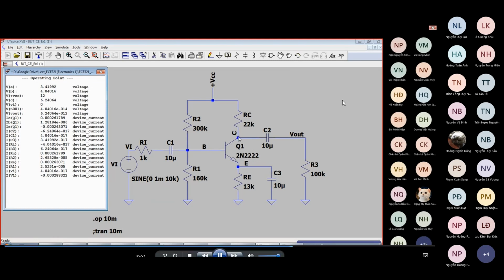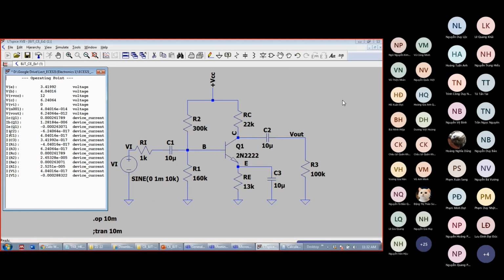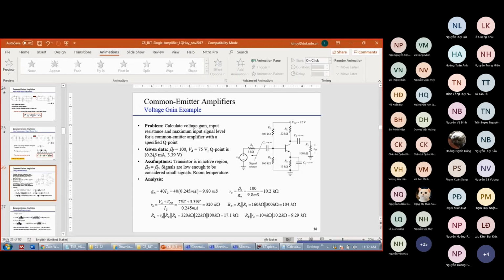So here we want to check the current IC of the transistor Q1. As you can see here, the standard unit is ampere, so in order to change it to milliampere, you have to multiply it by 1000. So it is 0.26 milliampere. The hand calculation result here is 0.245.